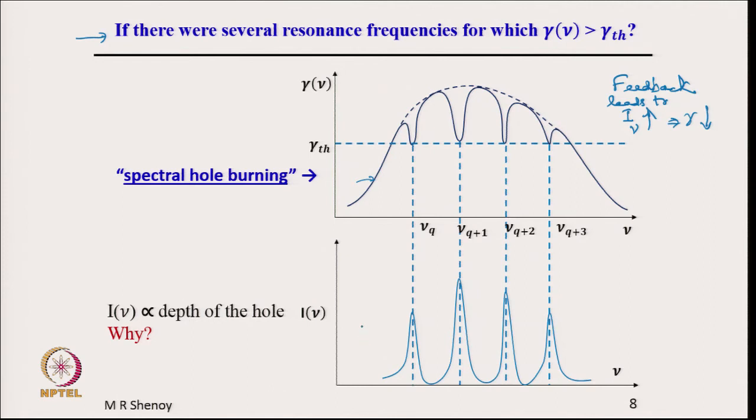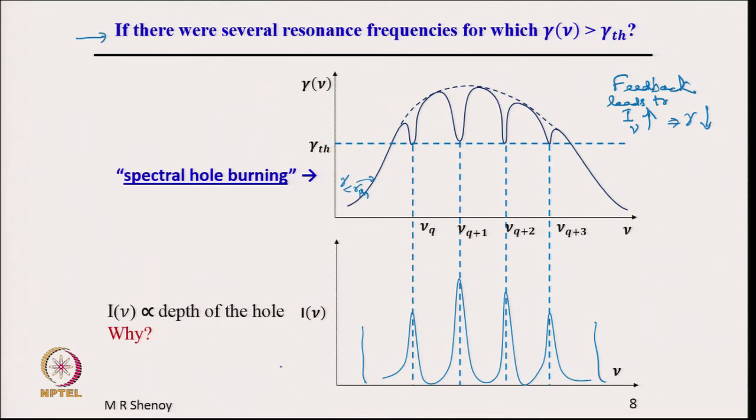There will be modes here also, equally spaced, but the gain here gamma is less than gamma threshold, so there is no question of building up. But for all resonance frequencies for which the gain is greater than the loss, there are holes built up here, the spectral holes, due to the phenomenon of gain saturation.